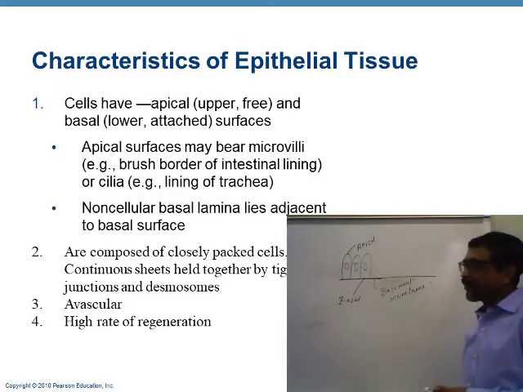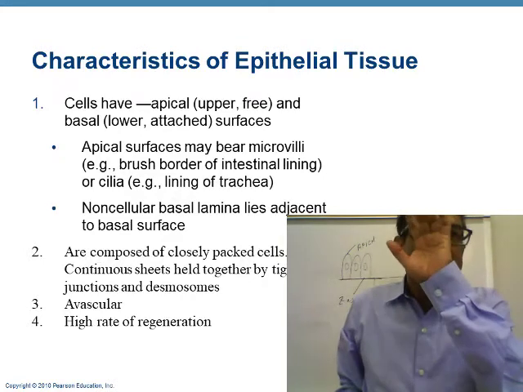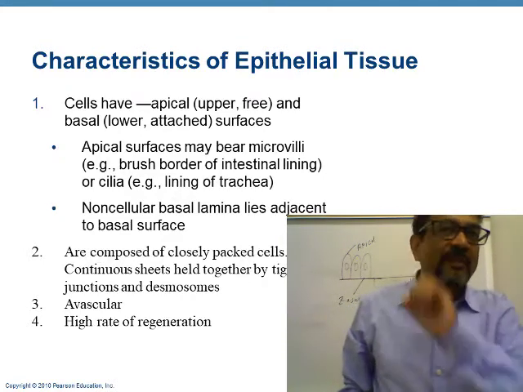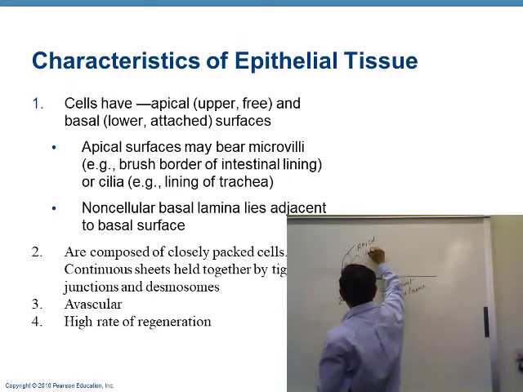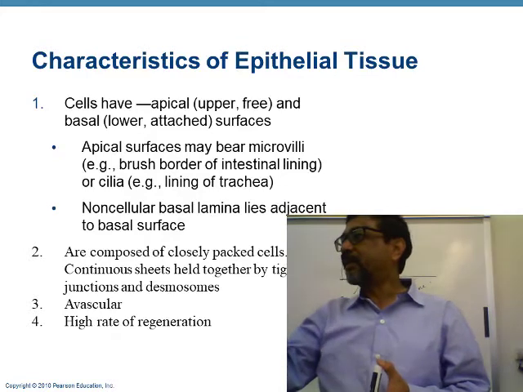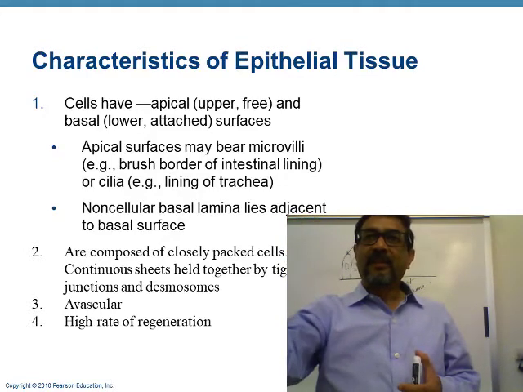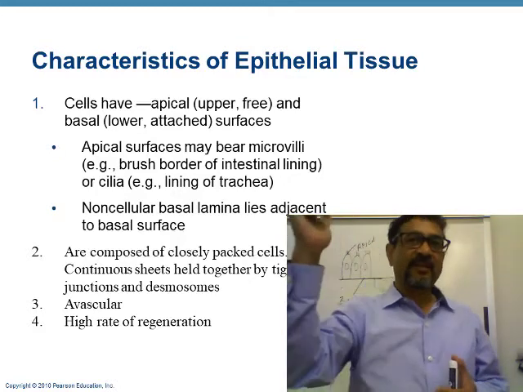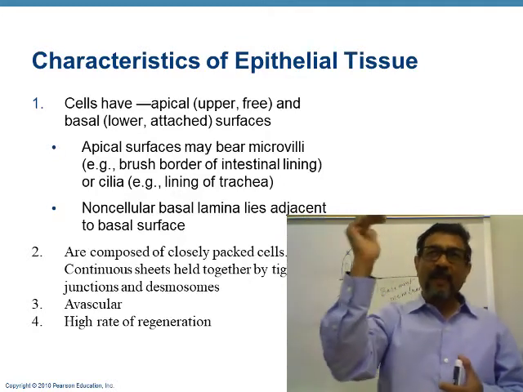Then sometimes we see hair-like structures on the apical end. You must remember, just a few minutes before I showed you cilia. The hair-like structures are soft and can move like this, that is called cilia. Cilia are very soft and can beat like this.